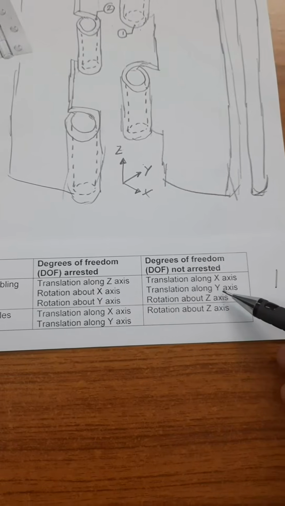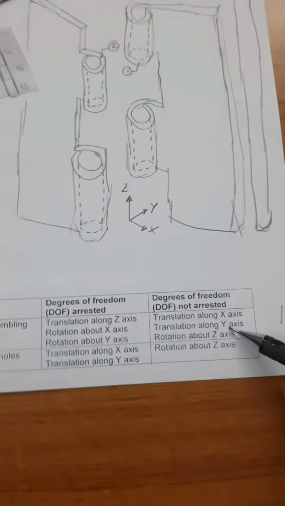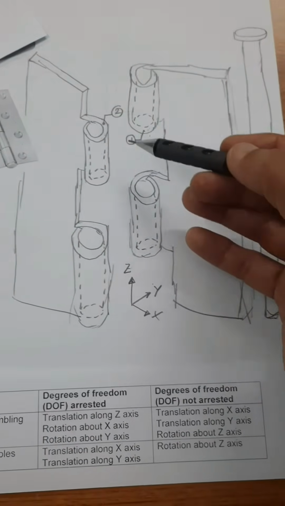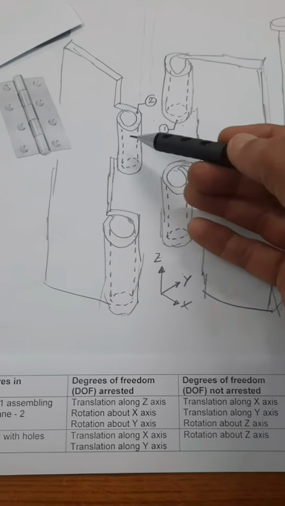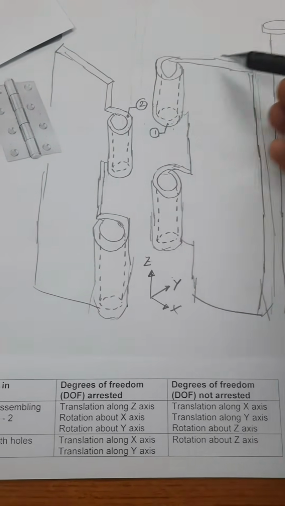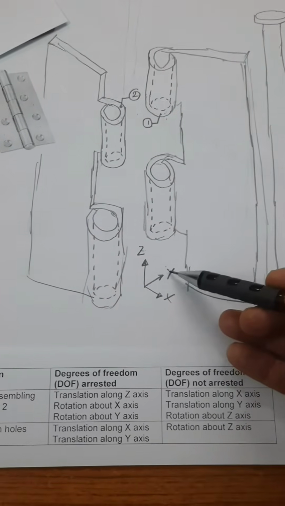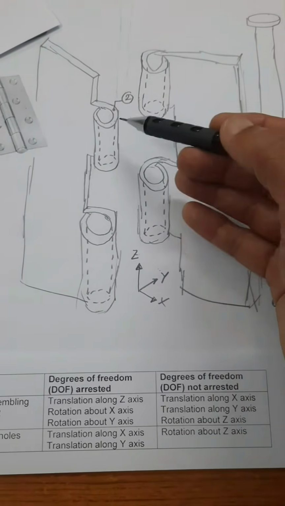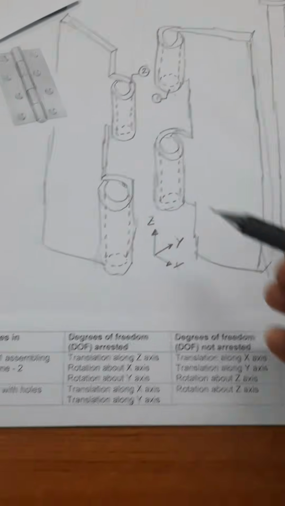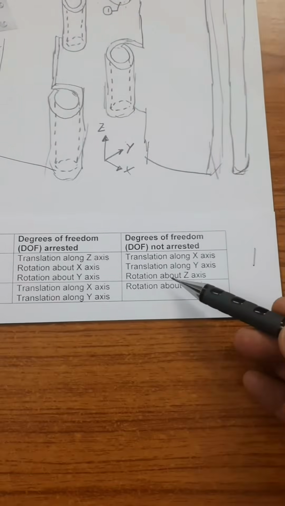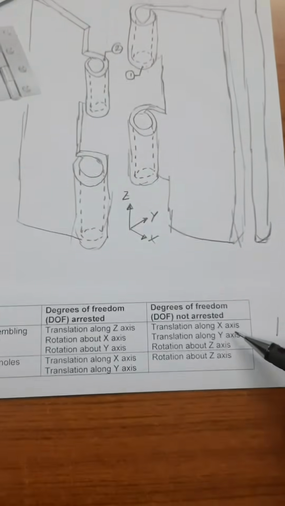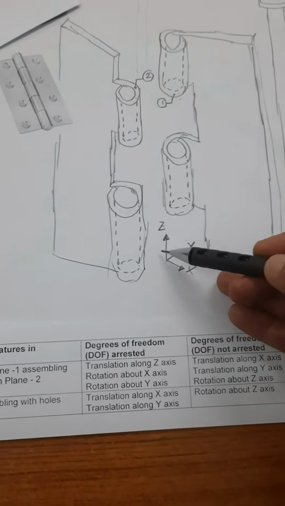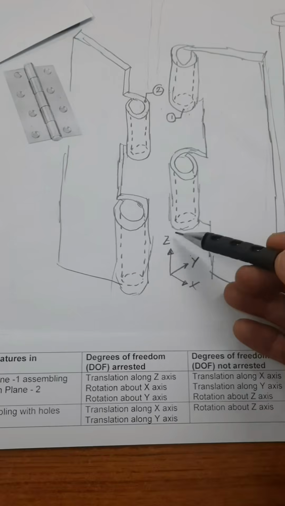Similarly, the translation along y is also not arrested, because upon keeping the surface 1 over surface 2, this leaf can still be moved along the y-axis without losing contact between the two surfaces. So translation along y is not arrested. What about translation along z direction?